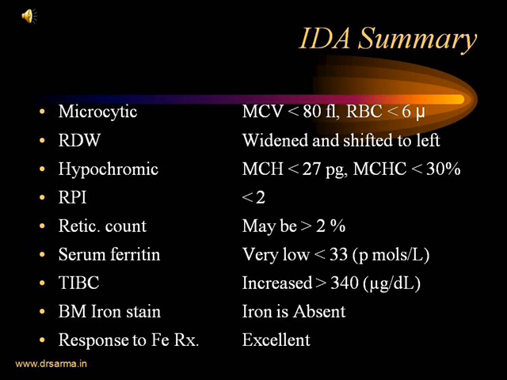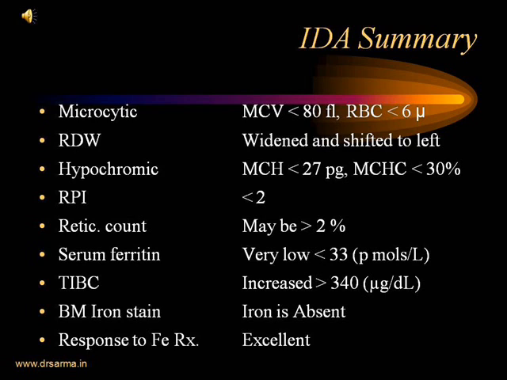MCH, mean cell hemoglobin, is less than 20 picograms, normal being 30 picograms. MCHC is also reduced, less than 30%. The reticulocyte production index is less than 2 because this is not a hemolytic anemia. The retic count may be slightly more than 2, but if you work out the RPI, it is less than 2.